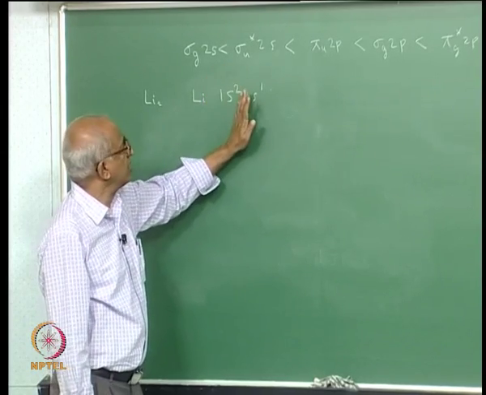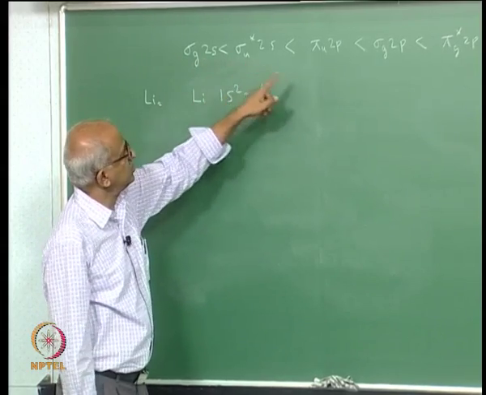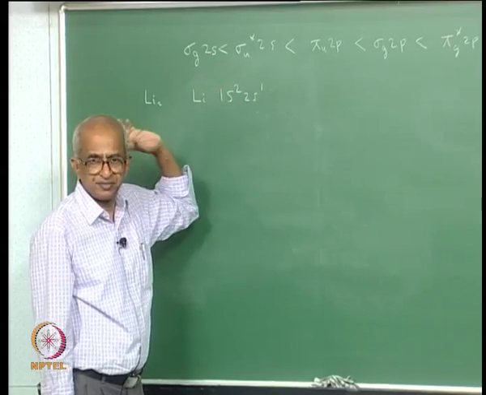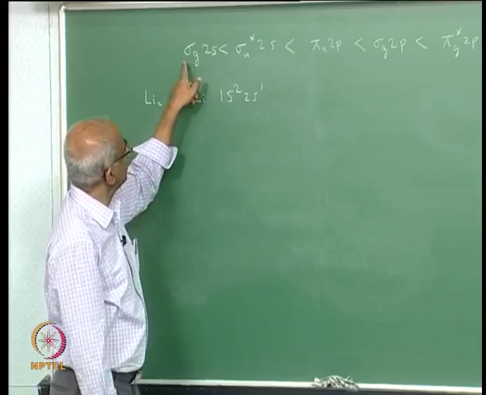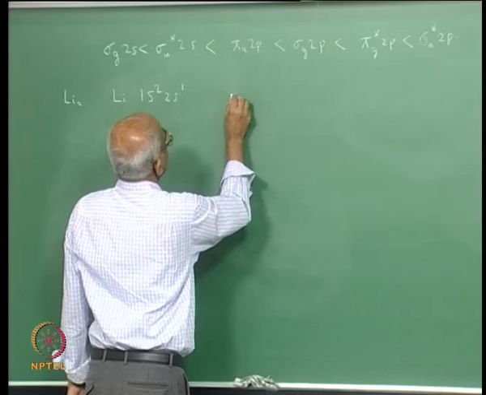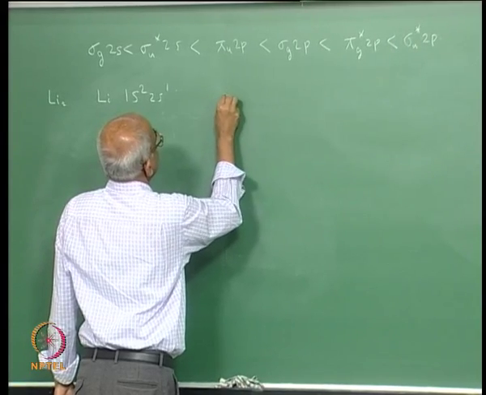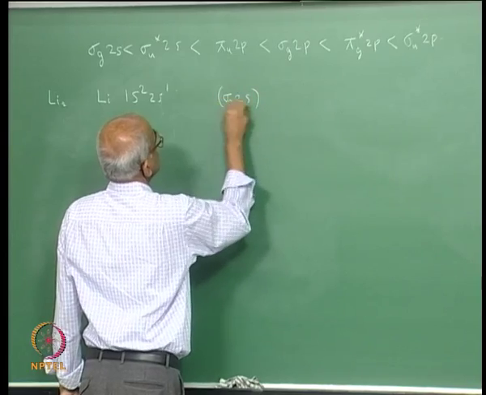So, we will consider only the valence electrons. These valence orbitals are the ones which form these molecular orbitals. So, in Li2 there are 2 electrons among these molecular orbitals. So, the electronic configuration of the Li2 molecule is nothing but sigma g 2s with 2 electrons.